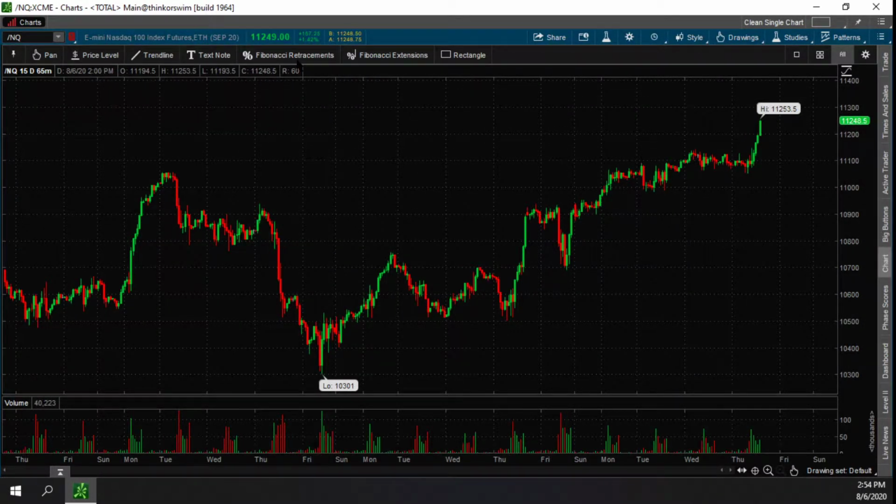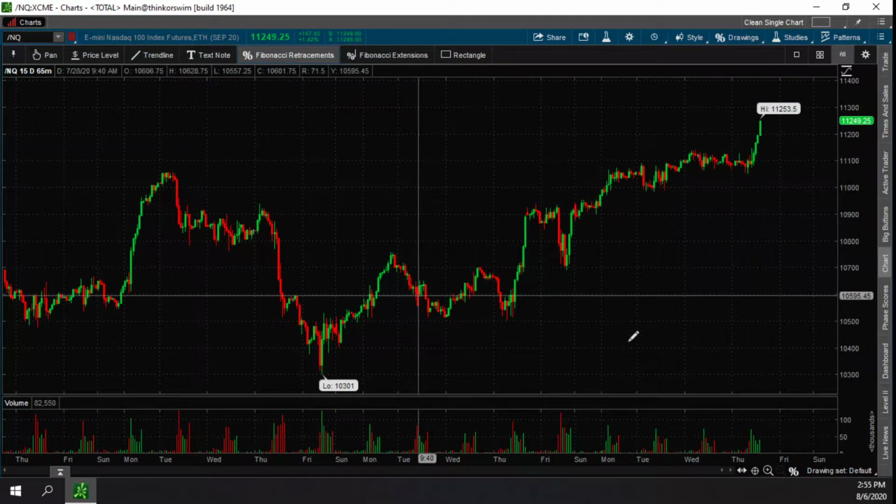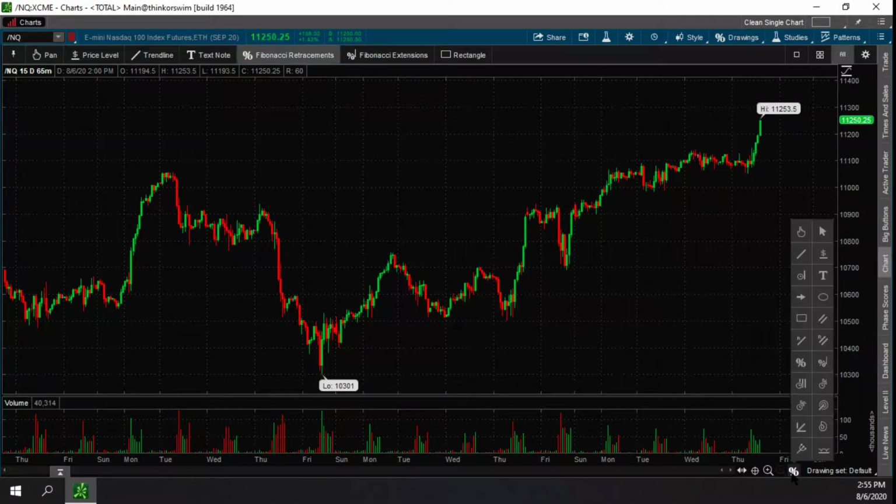So what you do, you take your retracement tool on the TOS. If you can't find it, you go down here at the bottom on your chart, and then you hit the Fibonacci retracement tool right here.